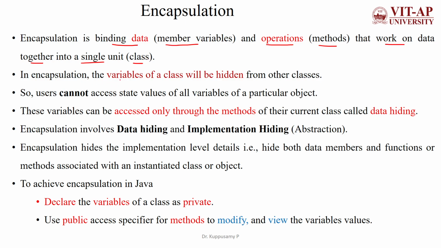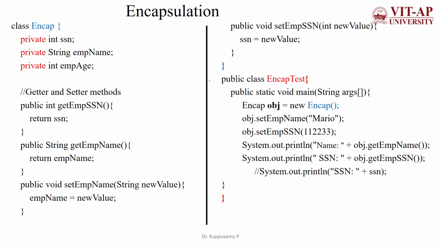In encapsulation, the variables of a class will be hidden from other classes. For example, here the variables are declared as private in the class encap, which cannot be accessed in another class, for example encap test.